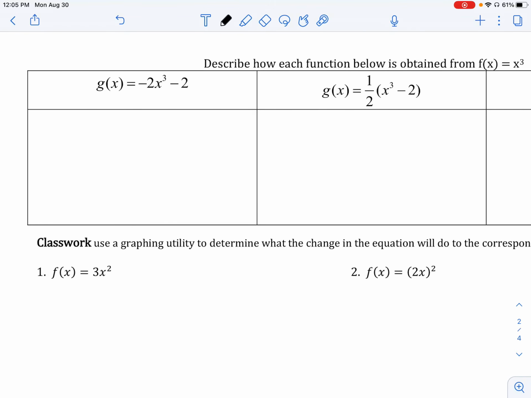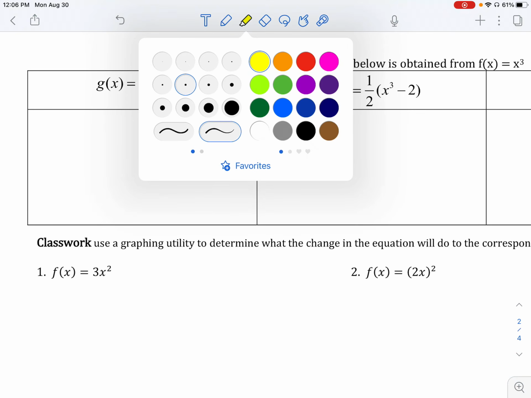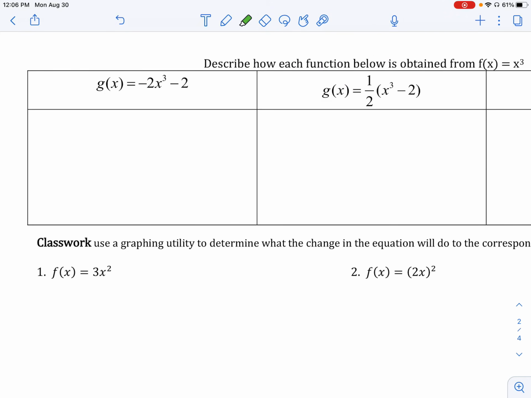So just because order matters doesn't mean that there's only one way to write your solution set of all the transformations here. As you'll see, there are a couple different ways we could write this. Students often ask me, what would you recommend as being the preferred order? And in general, I recommend starting with what is happening to the argument of our function first. So what is happening to your x first?